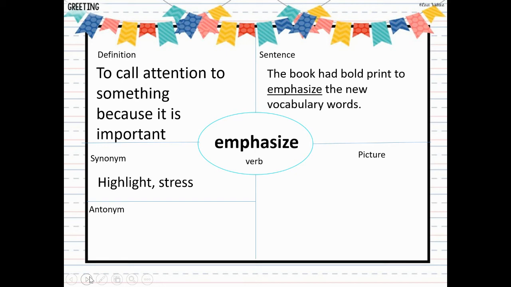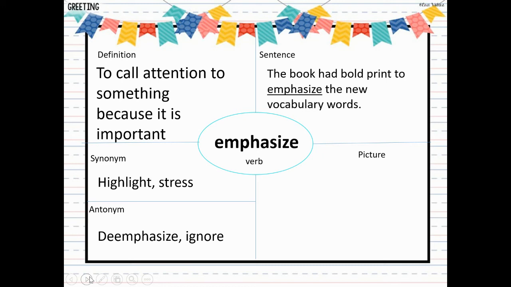Synonyms for emphasize would be highlight or stress, meaning it's important. We're stressing, like right now I'm going to use the word stress. I change my voice to make it important, or I highlight it and call attention to it. Antonyms are de-emphasize, so de meaning not, so not emphasizing, or ignore.